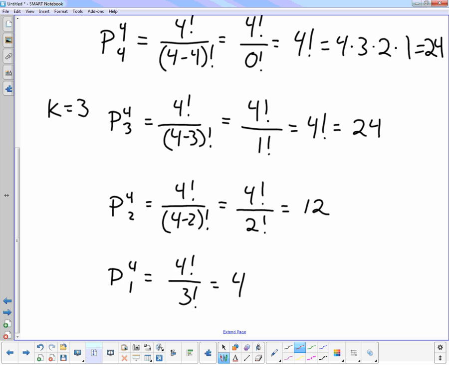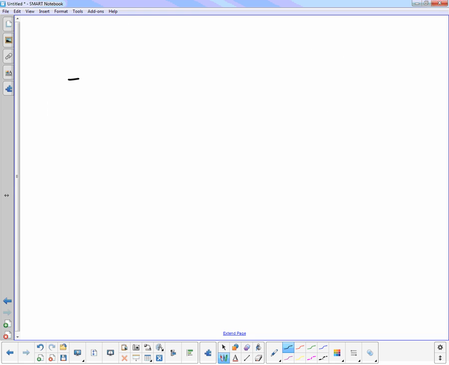All right, now let's just see that this actually really has a grounding in reality. If I'm doing the case of 4-letter words, there are 4 choices for the first letter, 3 choices for the second, 2 choices for that one, and now I'm left with only 1. So 4 times 3 times 2 times 1 gives me 24.